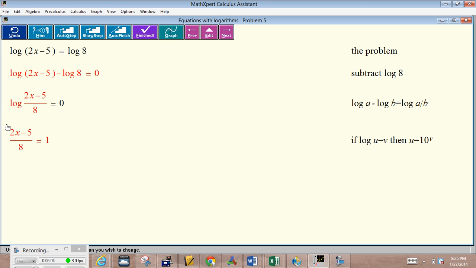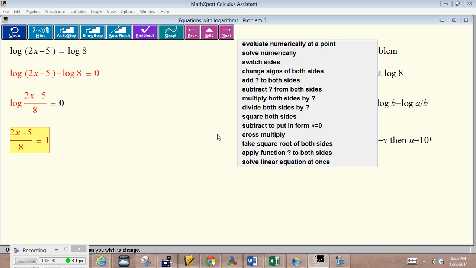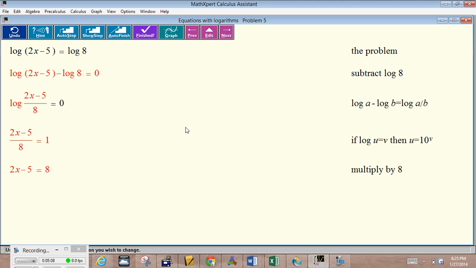Now we can just cross multiply, and interestingly enough, we have what we would have had up here had we just lost the logs. I'm going to caution you against that until we can prove that in the general sense, because if you make that assumption, it's going to get you in trouble.